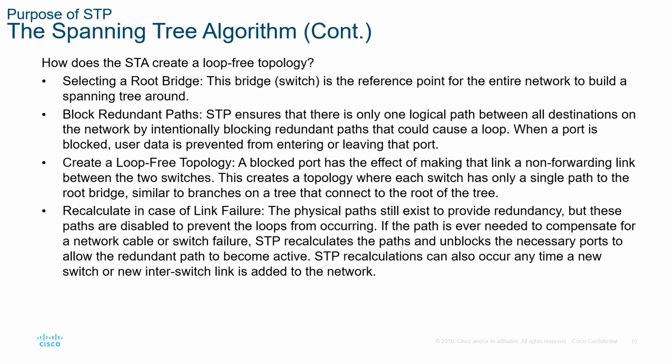In the Spanning Tree Protocol, there are a few steps to create a loop-free topology. First, it will select a root bridge, and then it will block redundant paths.